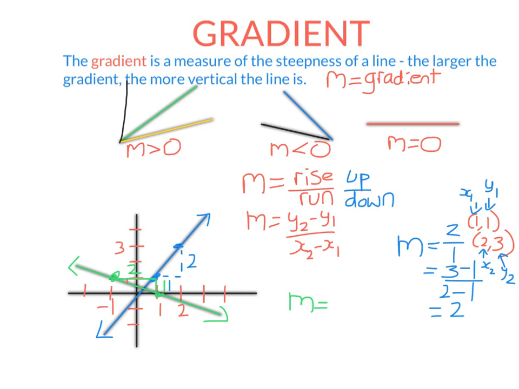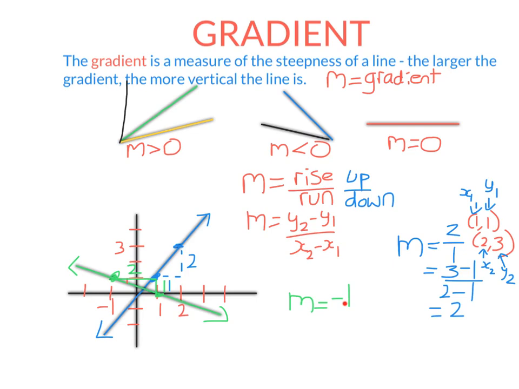Well, using rise over run, we've gone down 1. So when you go down, it's a negative gradient. You know that the gradient of this line in green should be negative because it leans to the left. The gradient of the blue line was positive because it leaned to the right, but this gradient's negative.